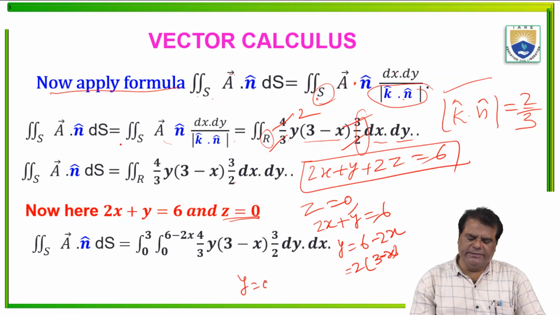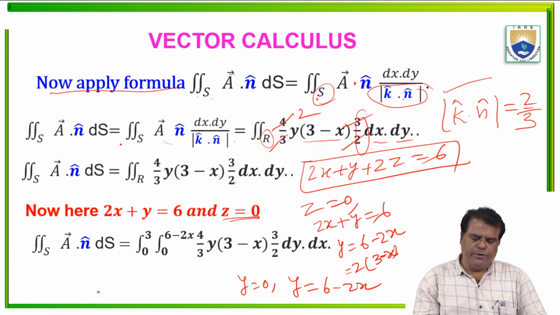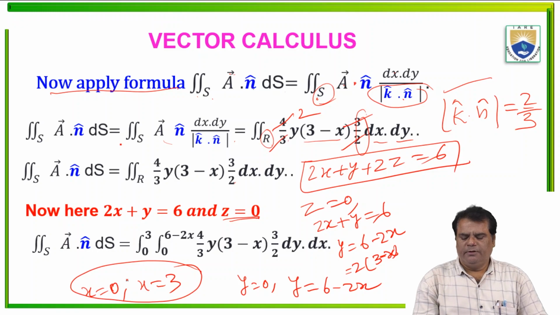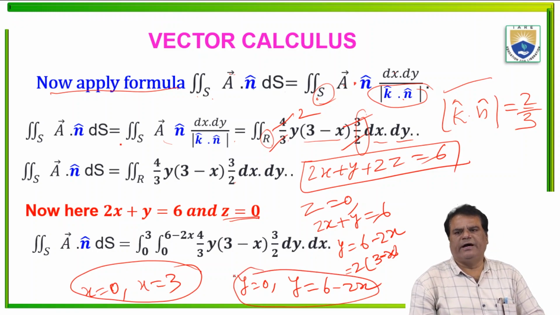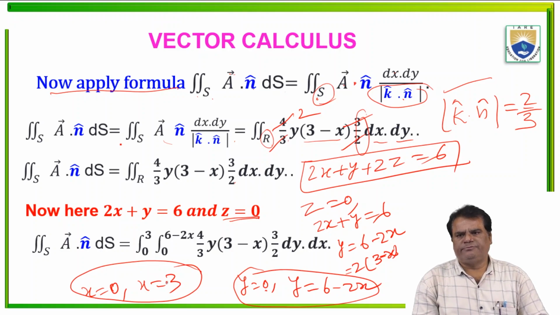Minimum value of y is 0. Maximum value of y is 6 minus 2x. Now putting y 0 here, minimum value of x is 0 and maximum value of x is 3. So these are the limits. Limit of x and limit of y. Y is minimum 0, maximum this. X is minimum 0, maximum this.